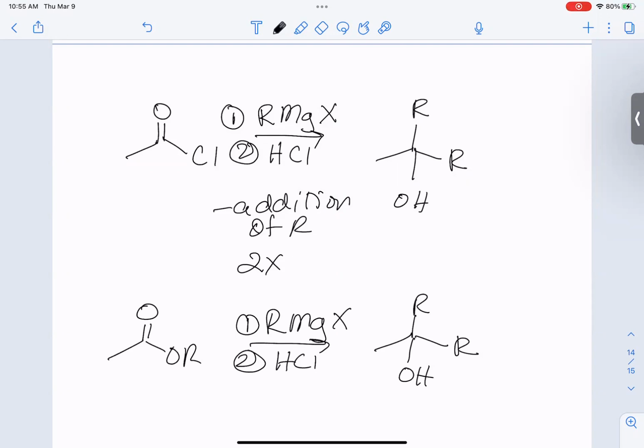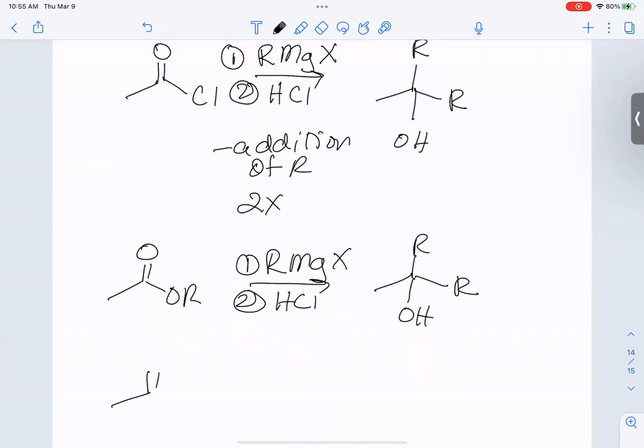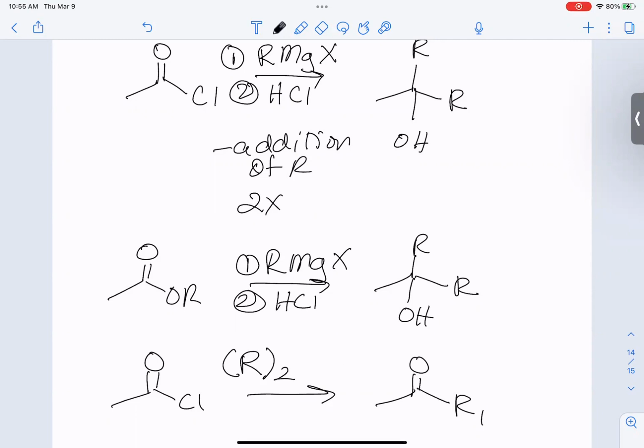If we take an acid chloride and we just want to make a ketone, then what we can use is what's known as a Gilman reagent, where you have 2 R groups, copper and lithium, and then in the second step, you add your HCl.